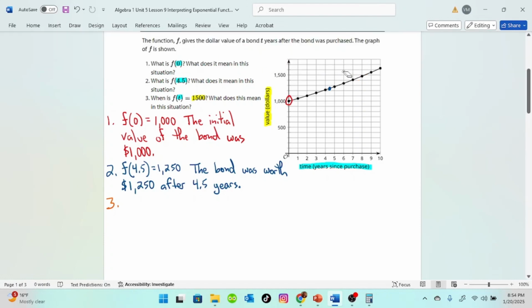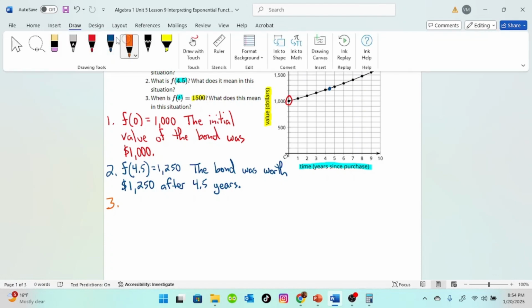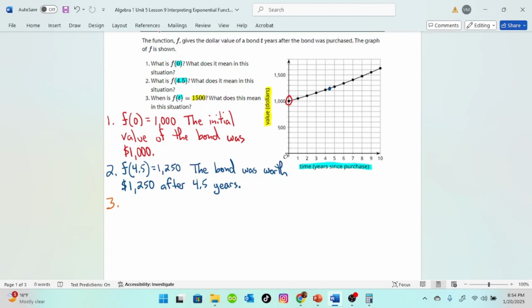actually, let me erase this. It actually looks like we might be just a little bit past that point. It looks like this point is right here. So it looks like maybe 8.25.